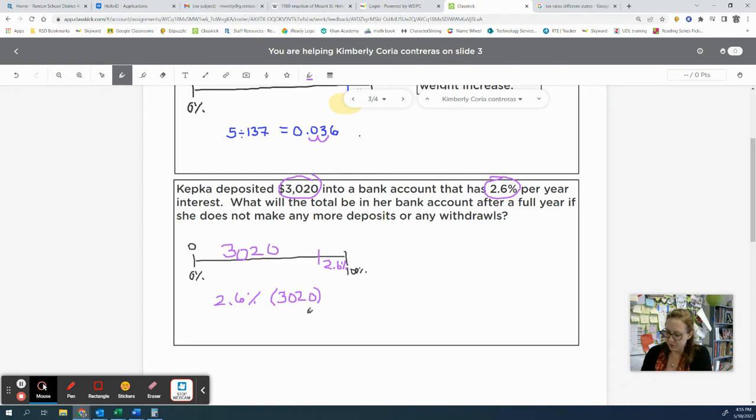I just pulled my phone up. Okay, so 2.6 as a decimal is actually 0.026. So 0.026 times 3020 equals 78.52. So the bank is going to pay her $78.52 to keep her money in there for the full year.